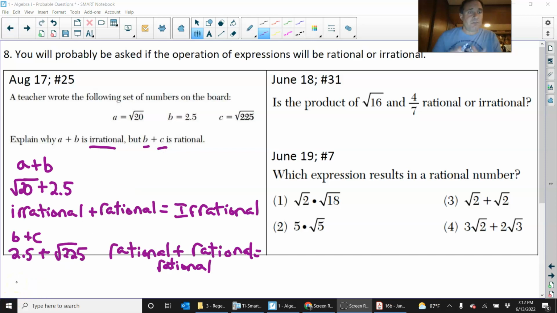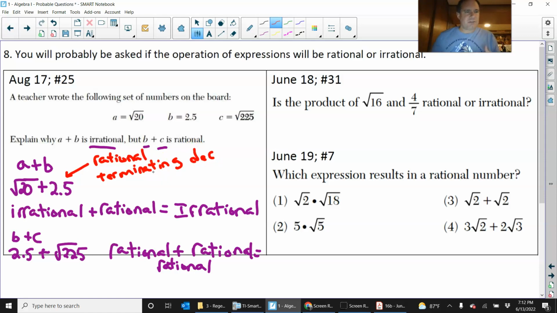So really, I start off with just putting A plus B down. A is square root of 20, plus B is 2.5. 2.5 is a rational number, because that is a terminating decimal. Terminating decimals are rational. Square root of 20 is a non-perfect square, which is irrational.